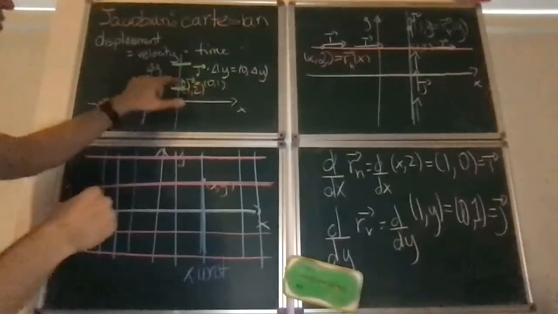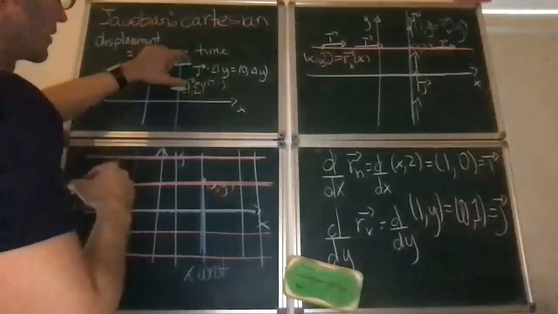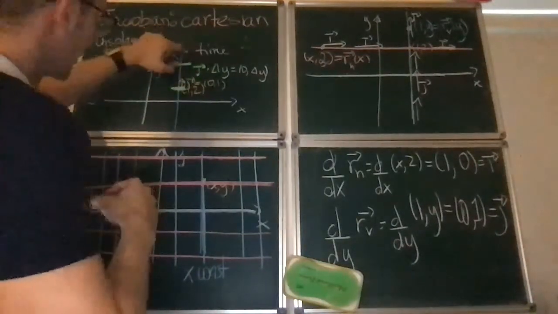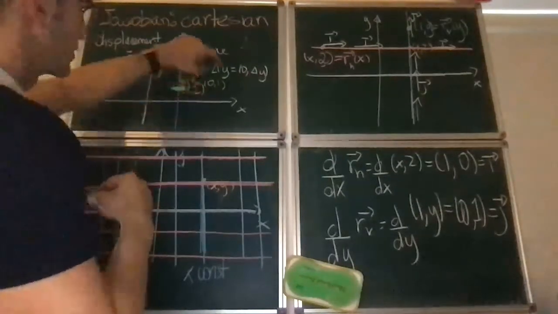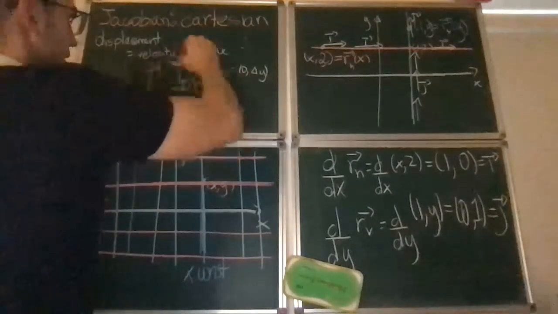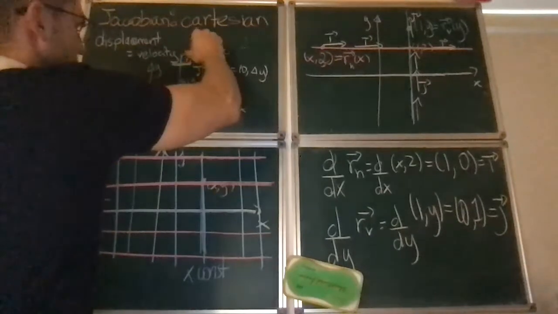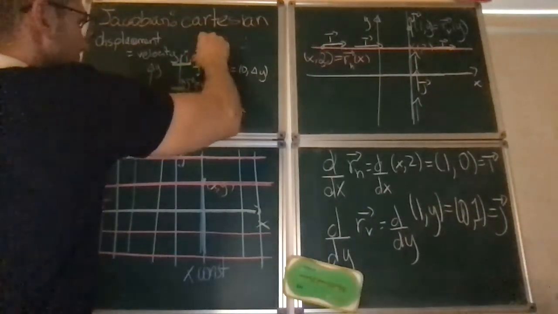So this endpoint is the initial point plus the displacement, so this is the point (1, 2 plus delta y).